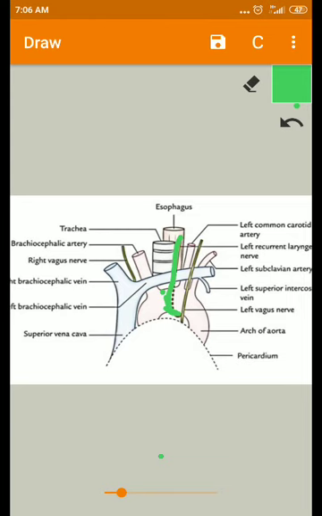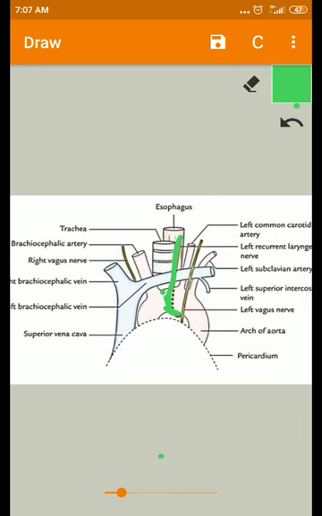Also the other nerves present are the phrenic nerves and cardiac nerves of both sides. These structures are related to this region.